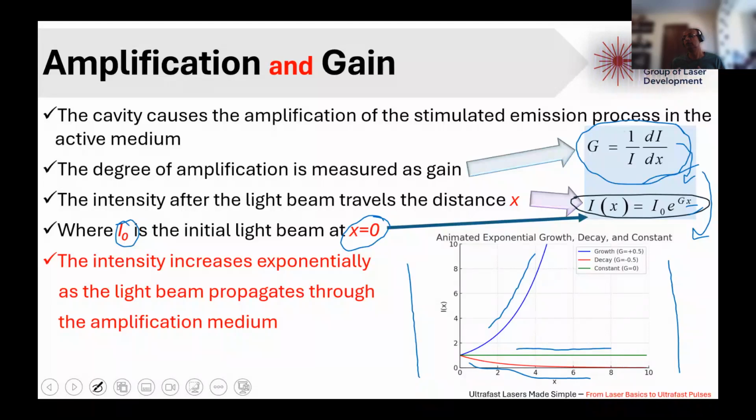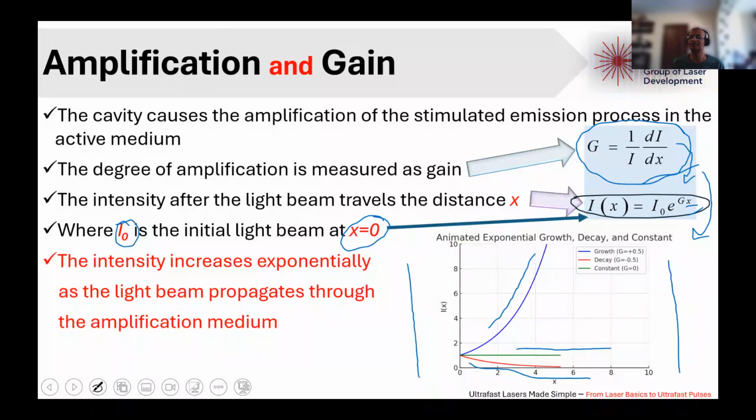So like a normal laser amplifier, the gain should increase. If the gain is decaying, then it's useless. So this plot is showing very well: when the gain is equal to 0, there is no growth. When the gain is positive, it's growing.